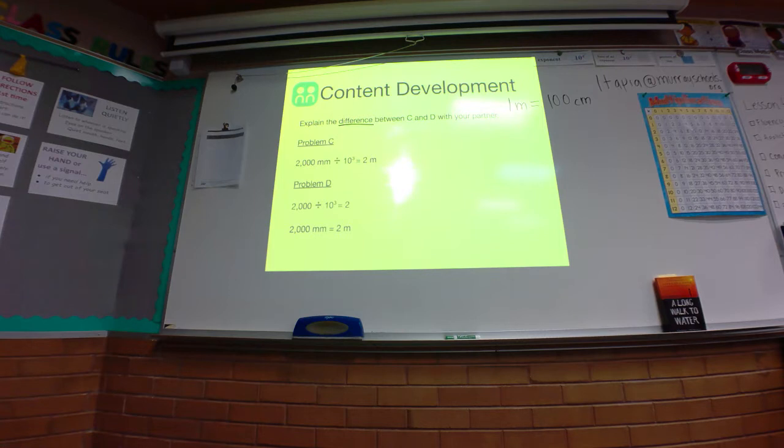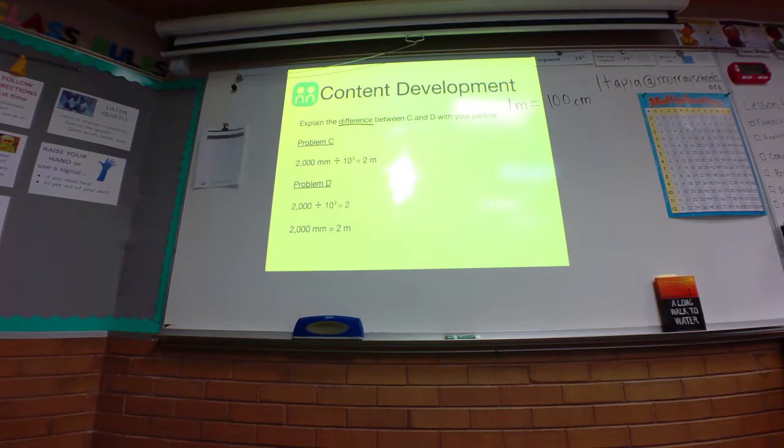Okay, good. So then let's look at the next one. It says 2,000 divided by 1,000 equals 2. Okay, I love that. Right? That's happy. 2,000 millimeters equals 2 meters. Is that true? Yeah. Okay.